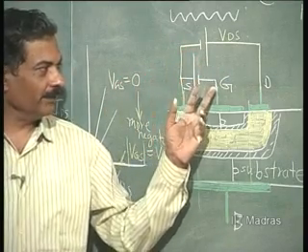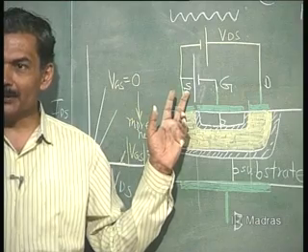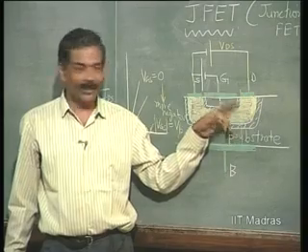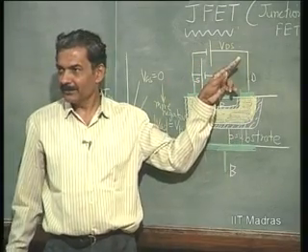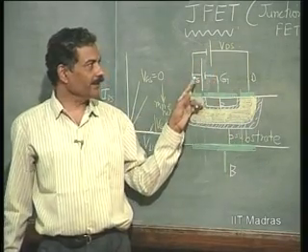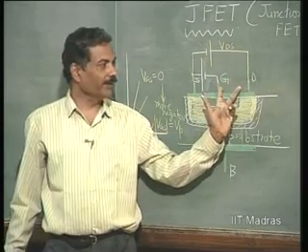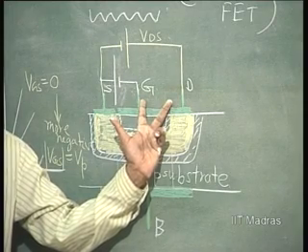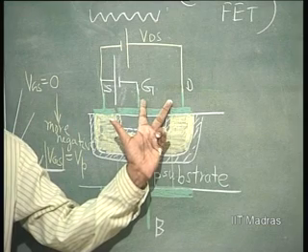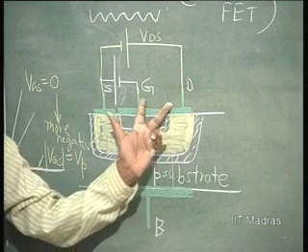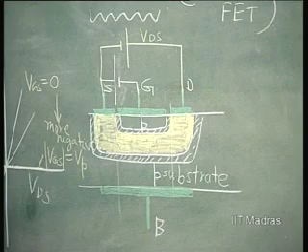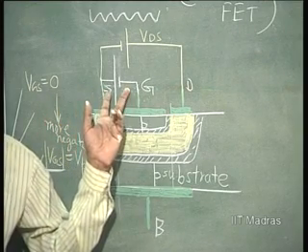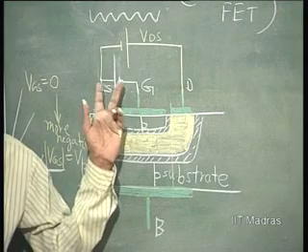Because for a given value of VGS this way, I would like to close the channel at the drain end. That is possible only if these things add. So, this voltage will add on to this voltage, and therefore, effective reverse bias voltage at the drain end is increased in magnitude. Okay. So, for a given value of voltage VGS, let us say equal to minus 1 volt, minus 1 volt.